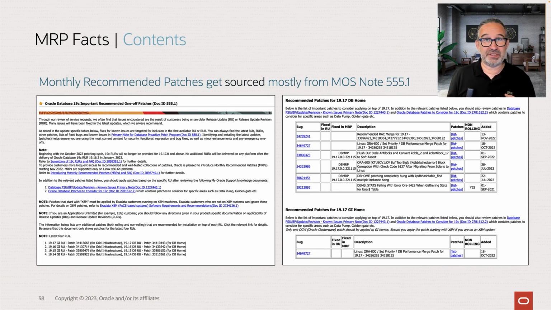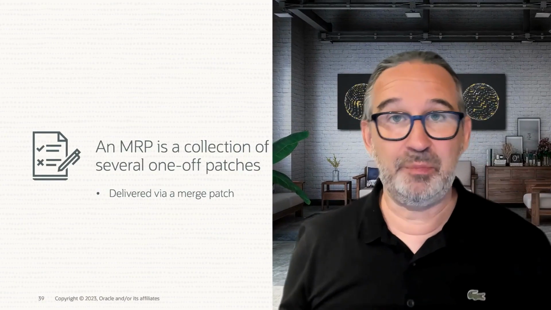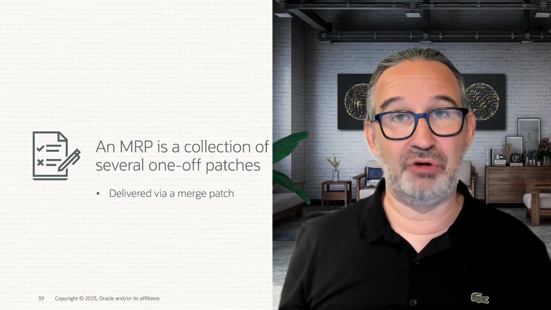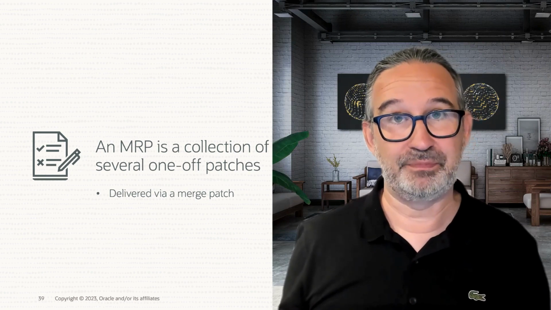We source the MRPs mostly from 555.1. This is the note which matters, and we try to include those on top, and you see the third column, fixed in MRP, where you see that an issue has been fixed in an MRP, and then it's enough to download the MRP instead of the one-off fixes. So an MRP is a collection of several one-off fixes, and it's delivered via merge patch. So this is the idea.